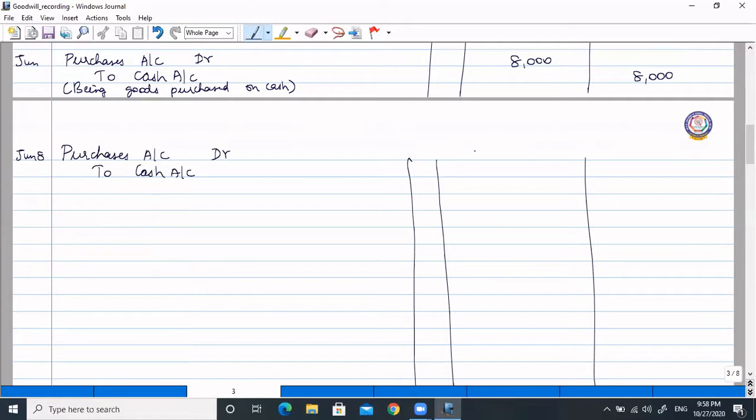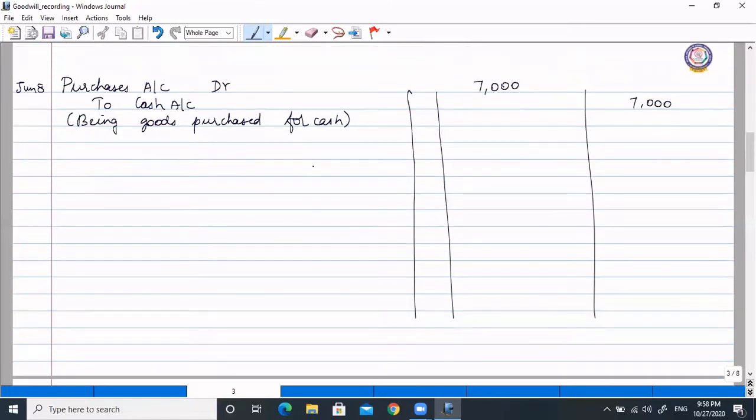Okay, and the amount is 7,000. Being goods purchased for cash. Okay, next is sold goods to Kailash on credit.